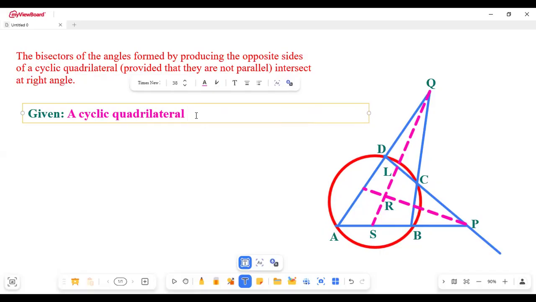So basically, we have a cyclic quadrilateral ABCD, which is here.